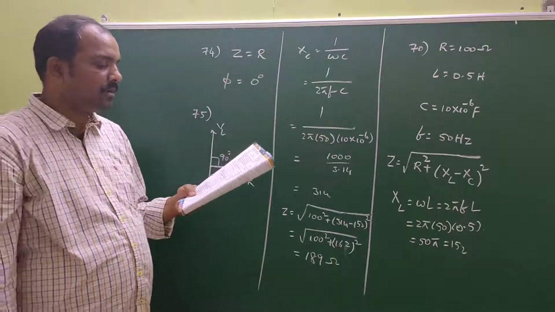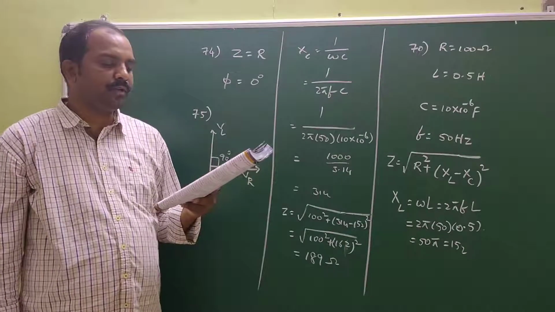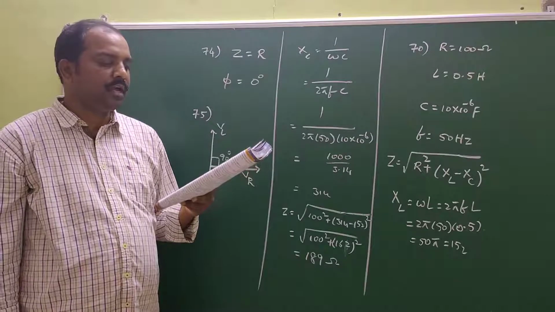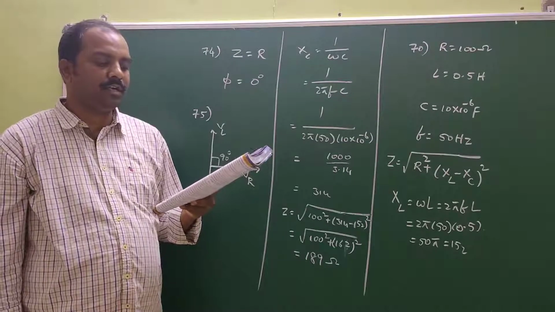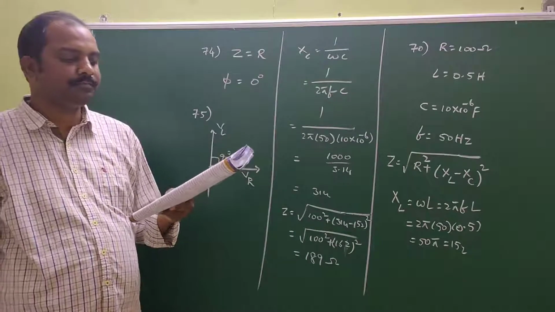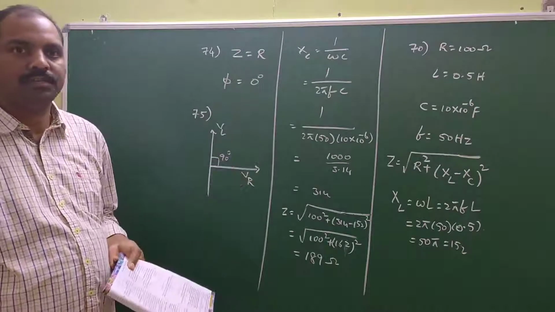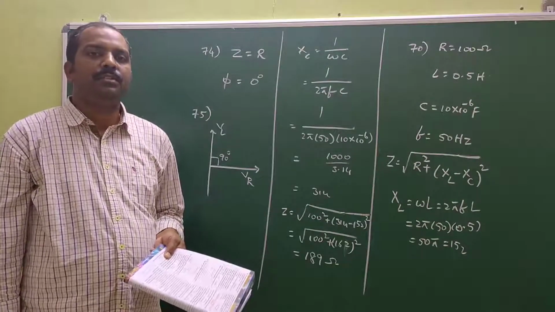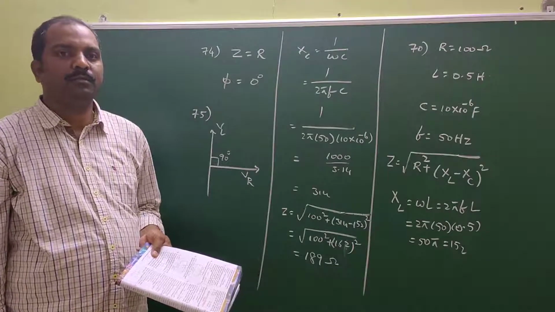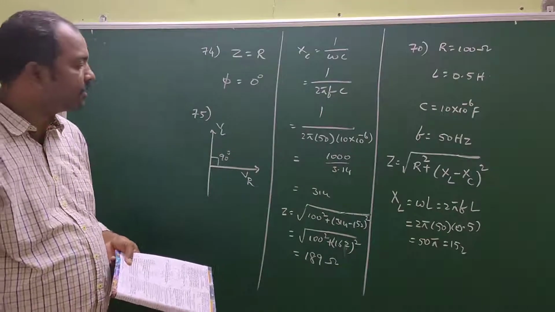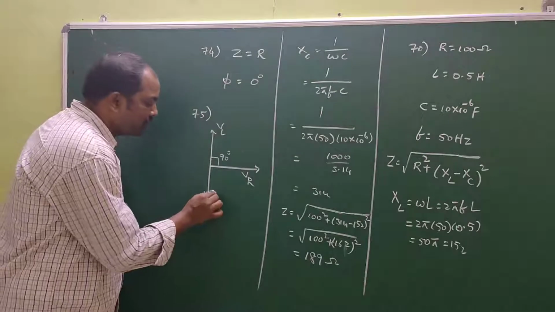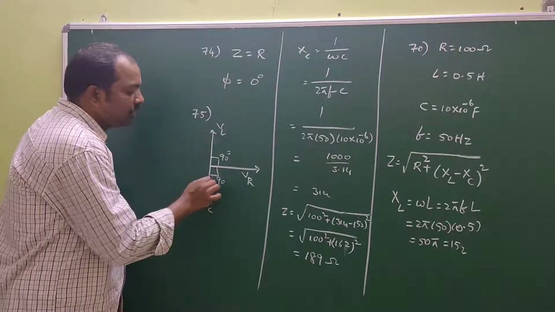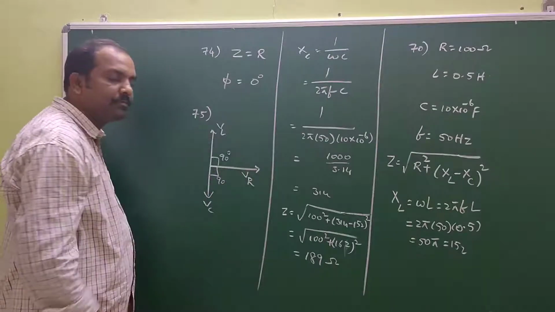Then the third statement: the phase difference between the potential difference across the capacitor and the potential difference across the inductor is 90 degrees. See, capacitor circuit. In case of a capacitor circuit, current leads the EMF with a phase difference of 90 degrees. So the potential difference across the capacitor is at 90 degrees with the resistor only.